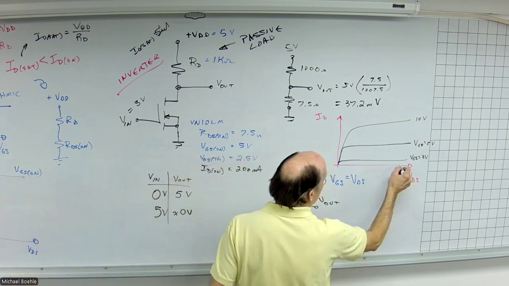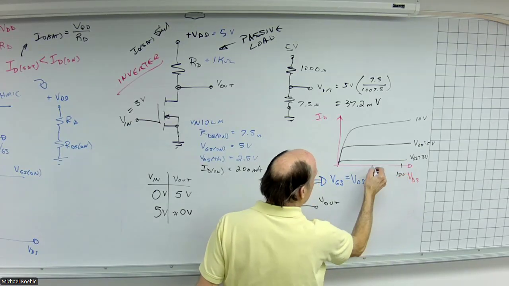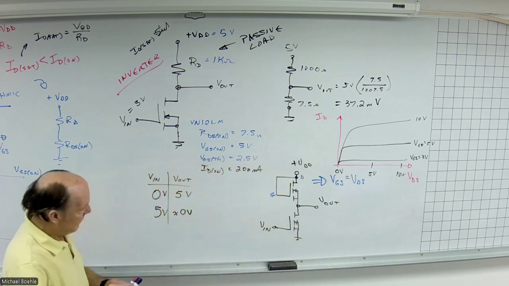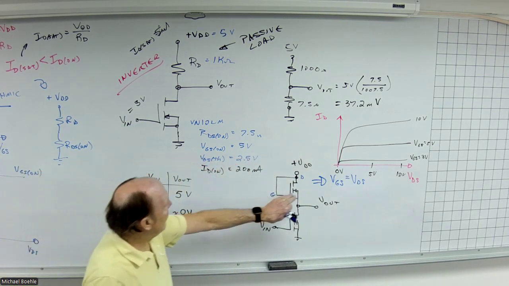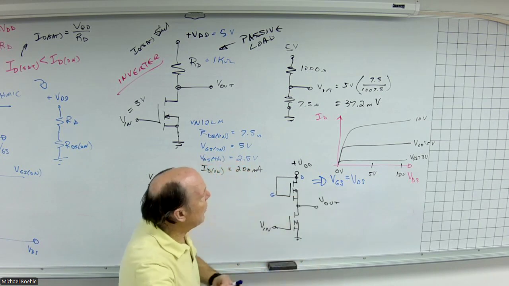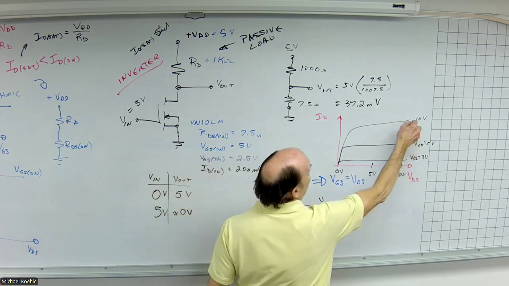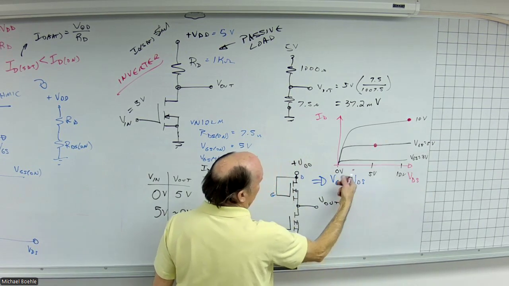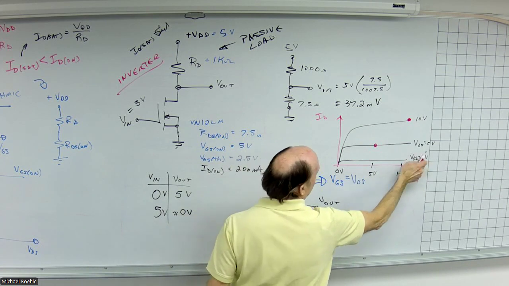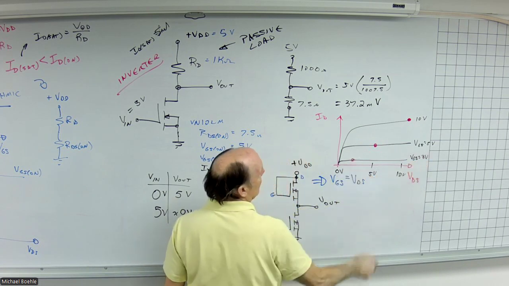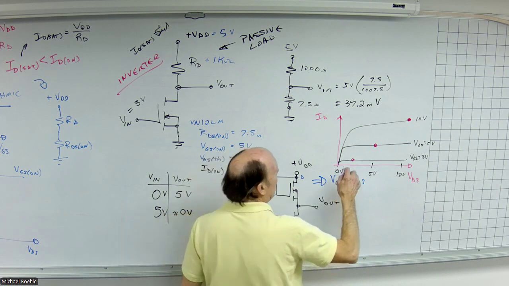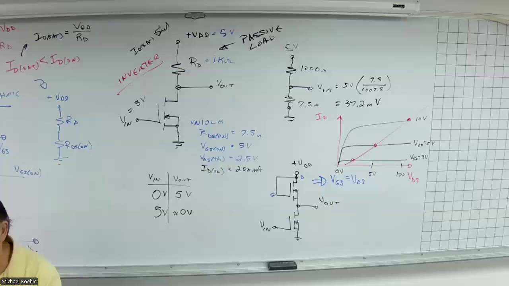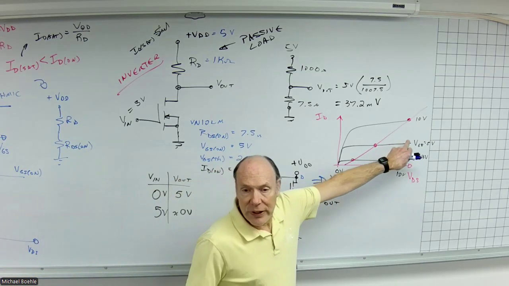So we have 10 volts here, 5 volts here, 0 volts there. Then because the gate source and the drain source voltage are equal, we end up with a point here, and then if this is just above the threshold, maybe a point here. Now, what that creates is an operating characteristic that looks like this.